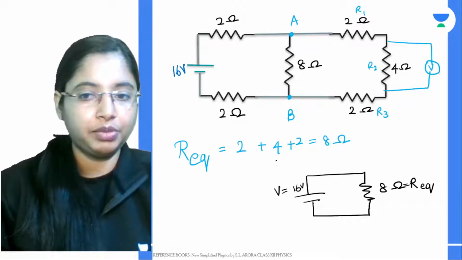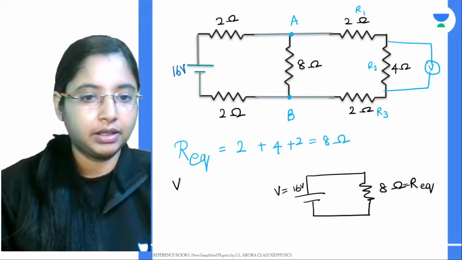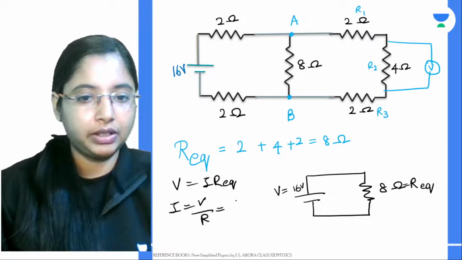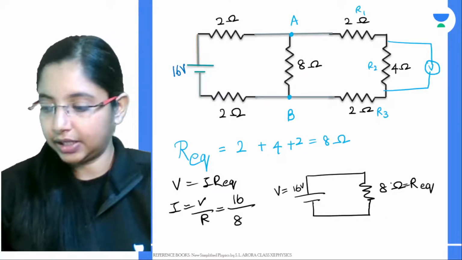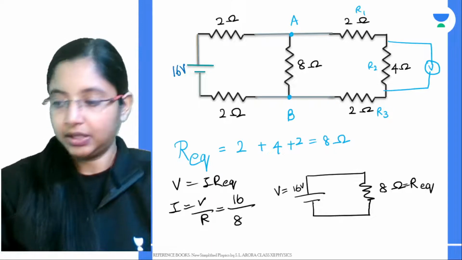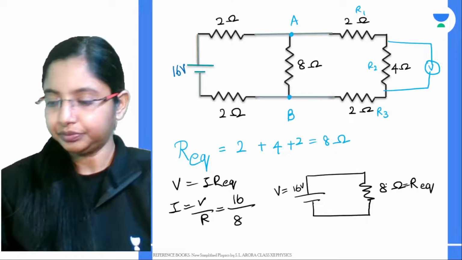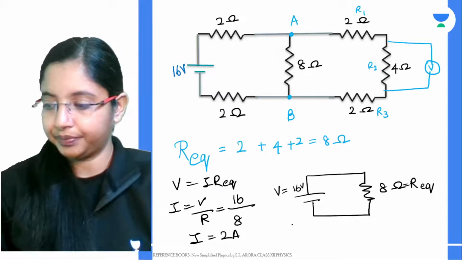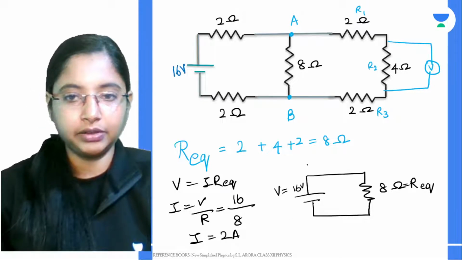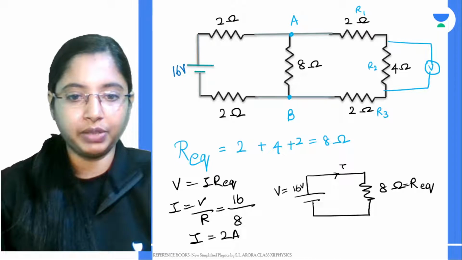So from here you can find the current. V is equal to IR, right? In this case, equivalent resistance. So I will be V by R. Sorry, the current through, in this case, this voltage is somewhere around 16, and the resistance is 8, so the current is going to be 2 amps. This current through this circuit will be 2 amps.